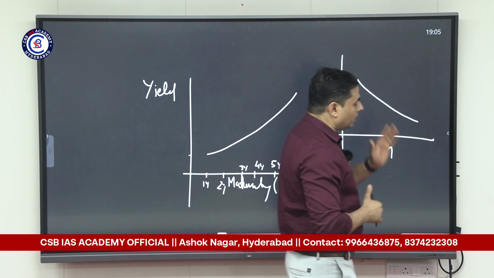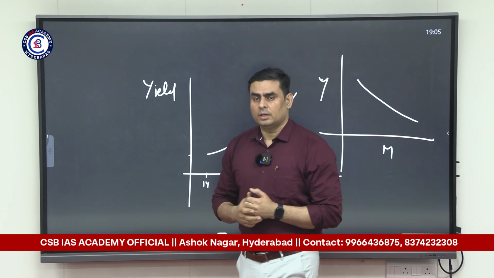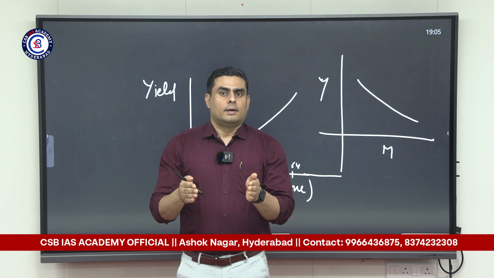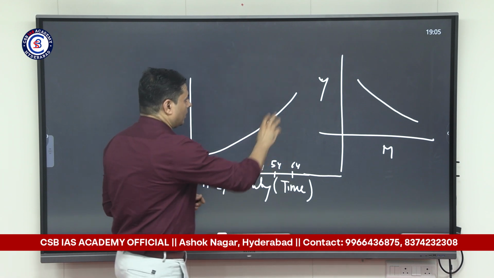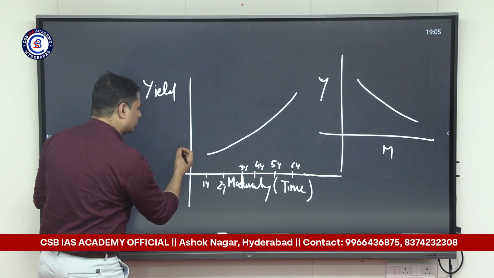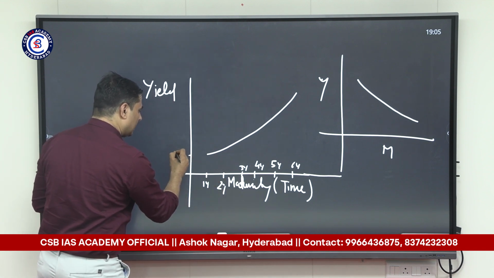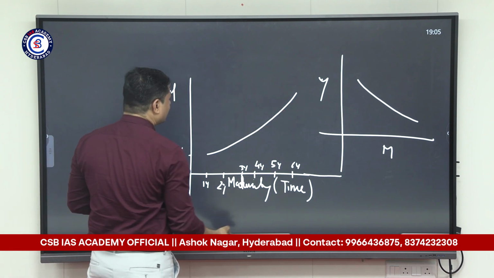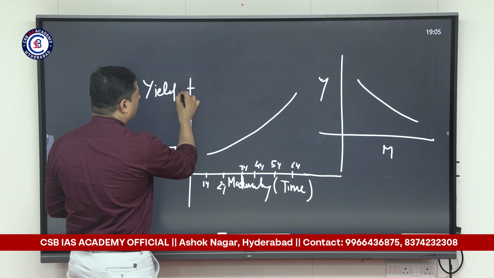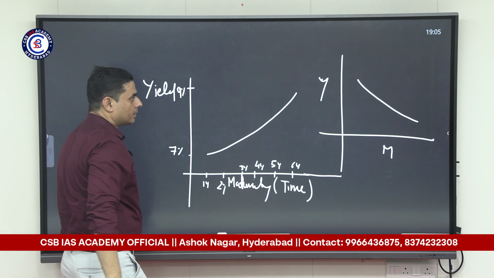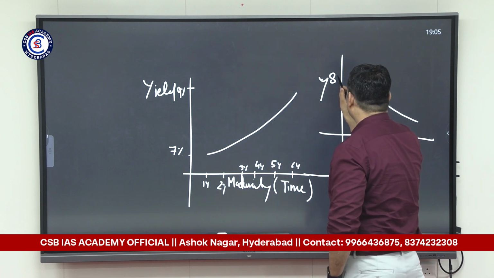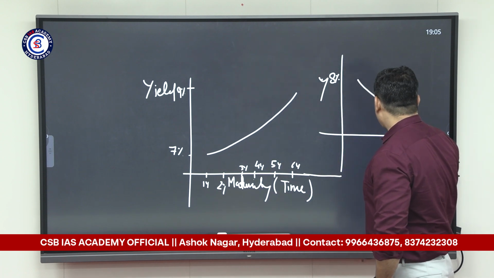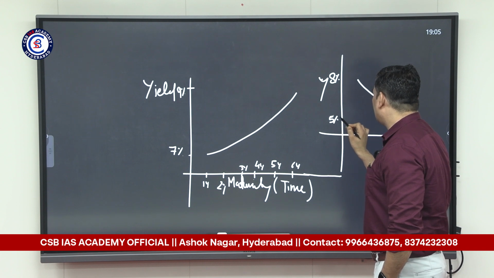Just for your clarity, do not get confused. Suppose initially the interest rate is 7%, and when you are investing for 6 years you are getting 9%. Here you are getting 8%, whereas for the longer duration you are getting an interest rate of 5%.